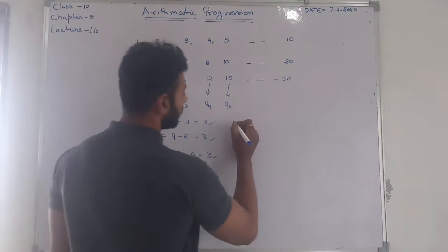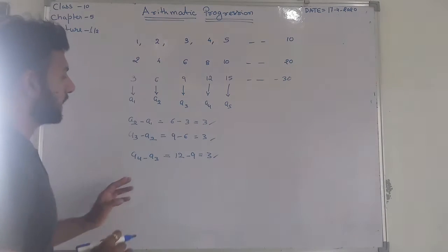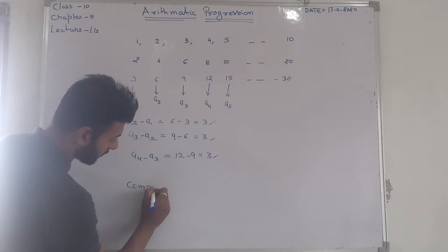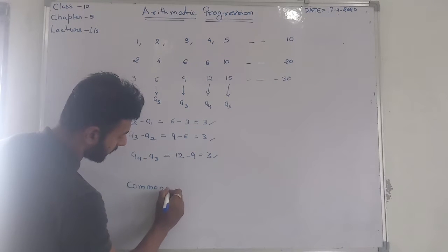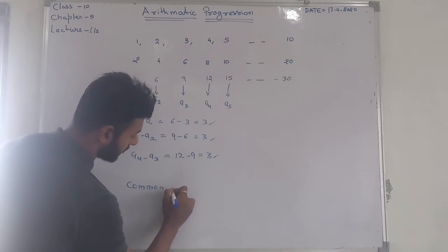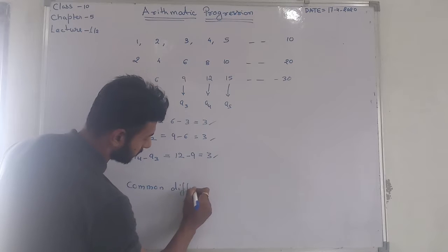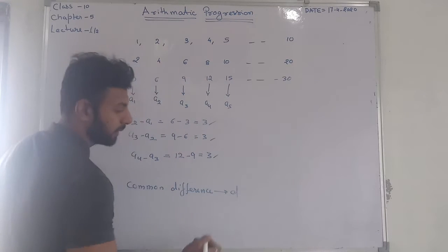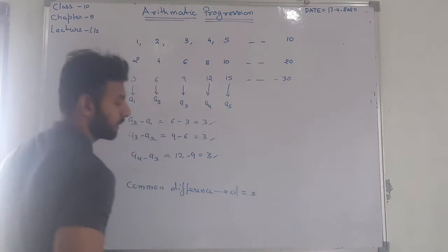Now one more thing we can say: the common difference is D and it is 3.